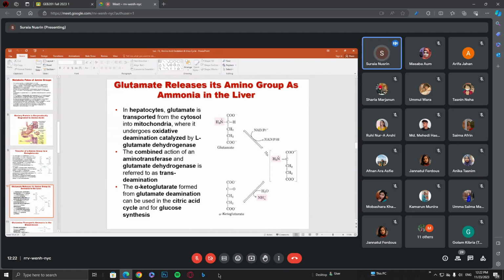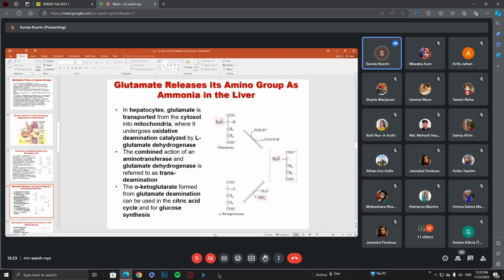If you look at this here, the cofactor can be NAD or NADP. So glutamate releases the amino group, and this reaction also requires water, and we get the alpha ketoglutarate.